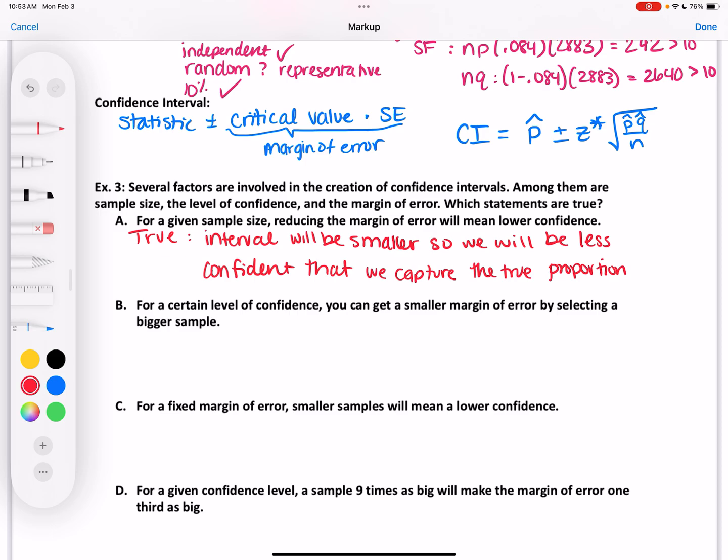What's true about our standard deviation if our sample size is larger? So if I'm dividing it by a bigger number, what's true about it? So this is true.